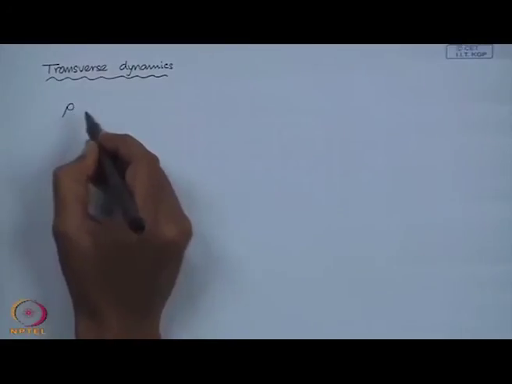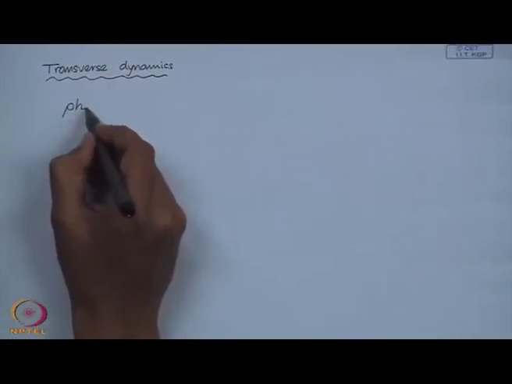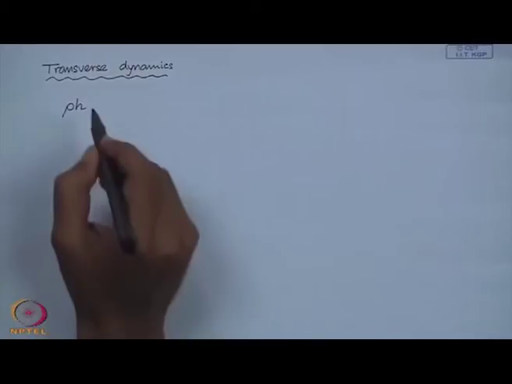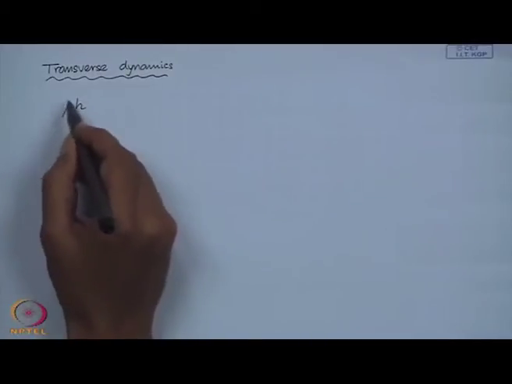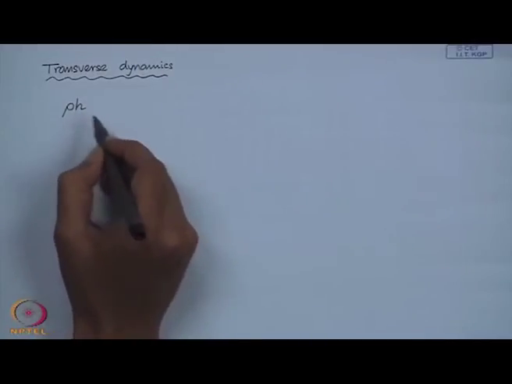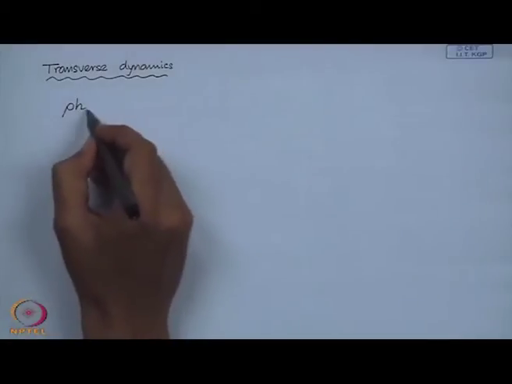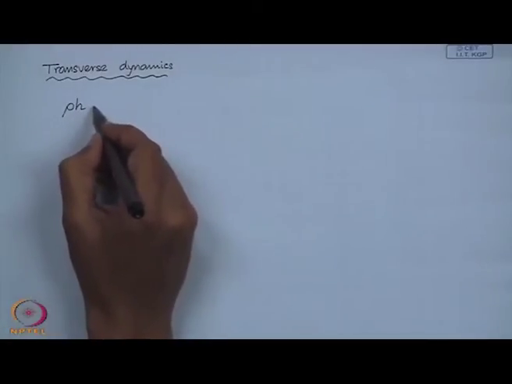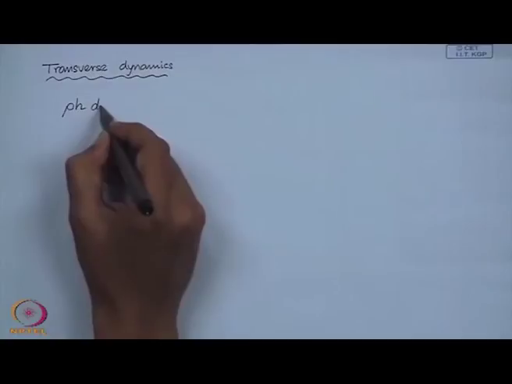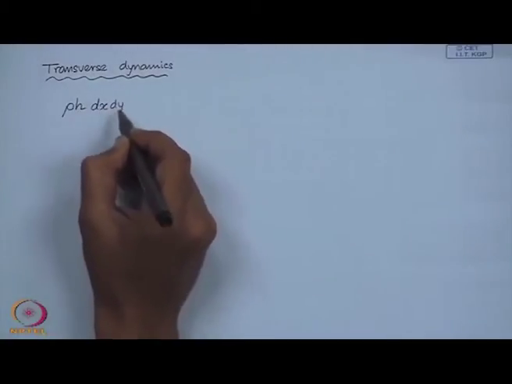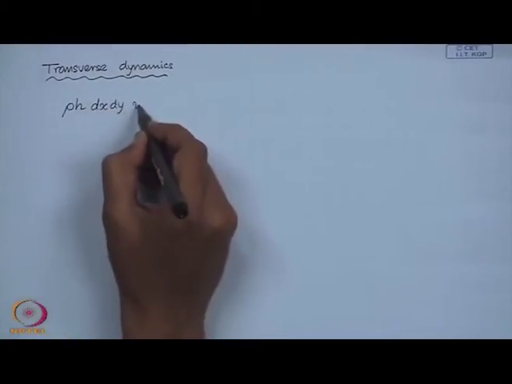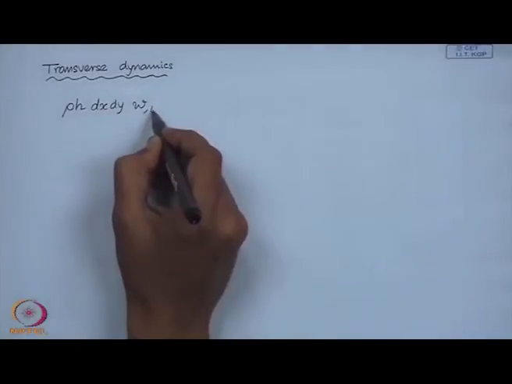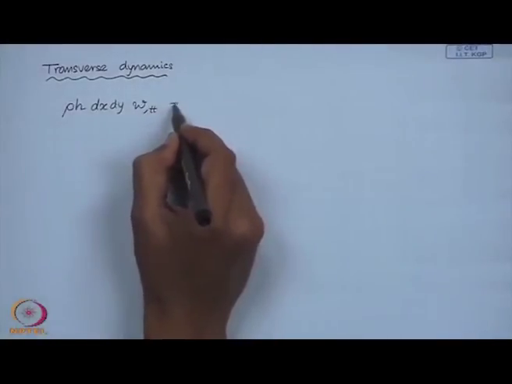If rho is the density of the material and h is the thickness, so this is mass per unit area times the area of the little element times the acceleration.